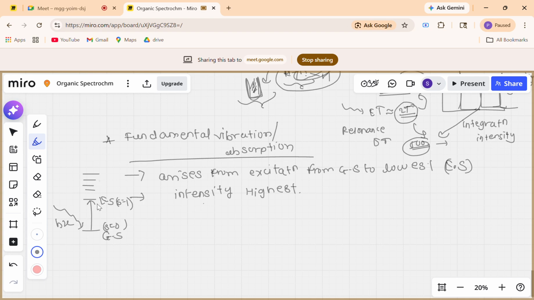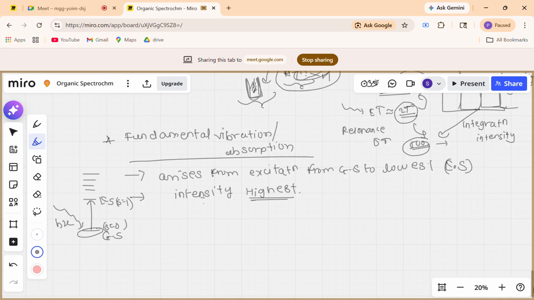So from the ground state to the lowest energy excited state, the corresponding peak that you observe in the IR spectra is called the fundamental vibration, and usually it has the highest intensity. Why? Because whenever you talk about S1 to S2 or S2 to S3, it depends upon the population, right?